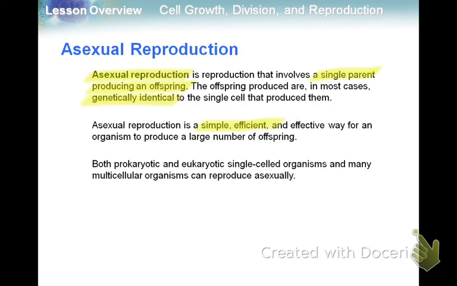It's simple, efficient, and effective. It produces a large number of offspring. Prokaryotes and eukaryotes that are single-celled, and then some multicellular organisms as well, reproduce asexually.